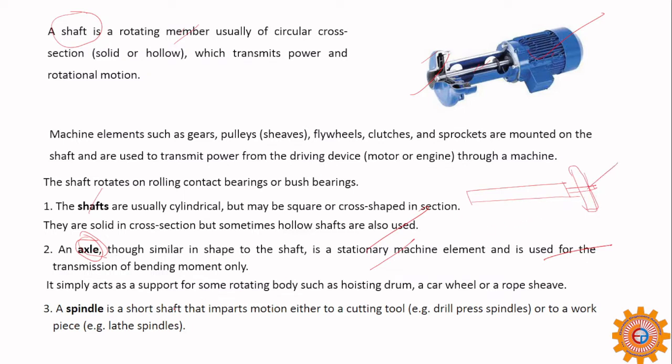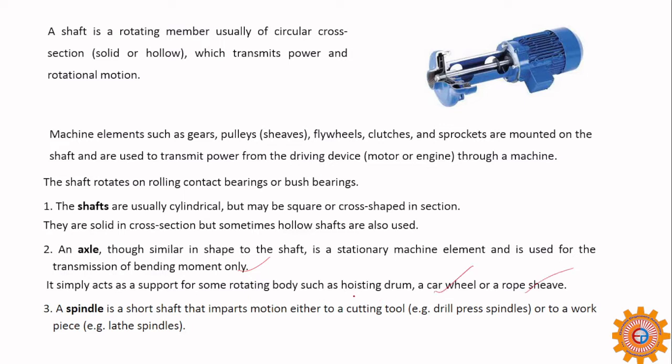This axle is basically stationary, and it is subjected to bending moment only. It is not subjected to torsion as it is stationary. These axles are used in car wheels, rope sheaves and hoisting drums.